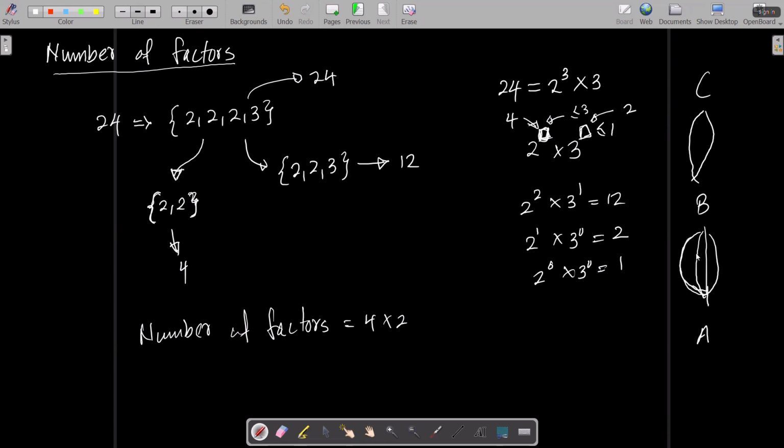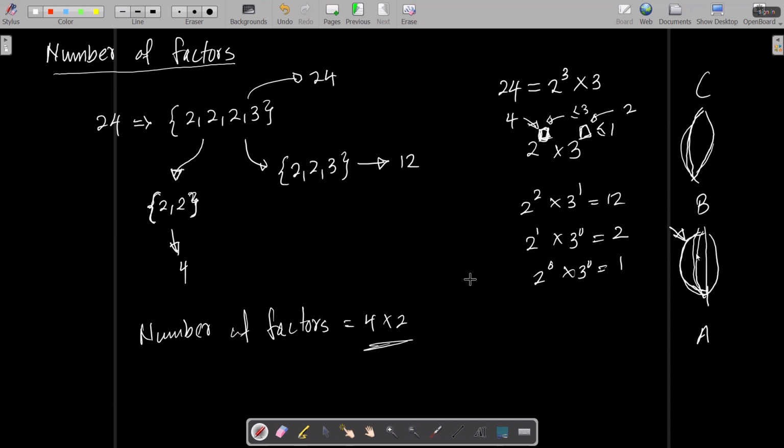We can take 1 path from here and 1 path from here. For every path to go from A to B, we have 2 different paths to go from B to C. So the number of distinct paths would be 4 times 2.